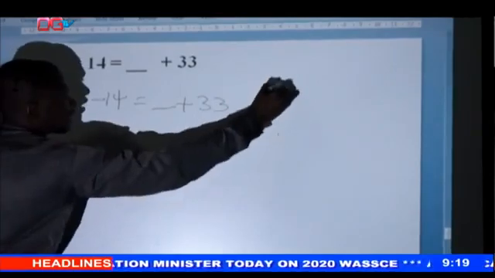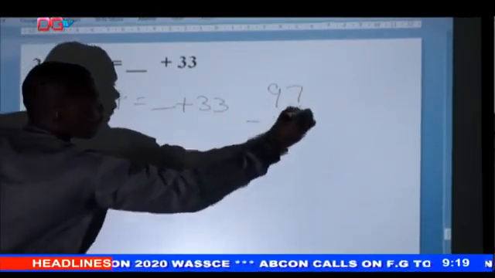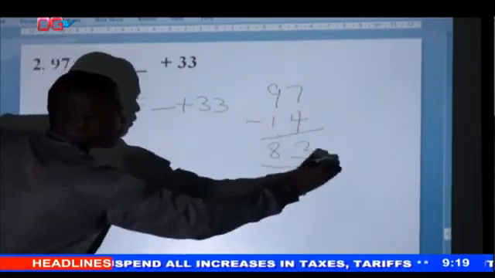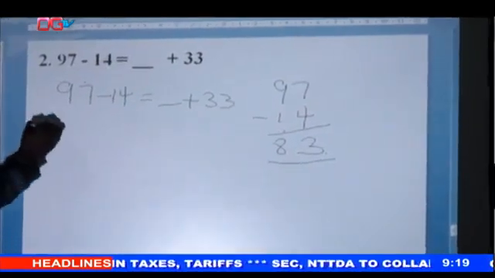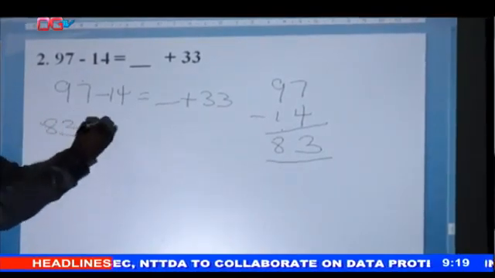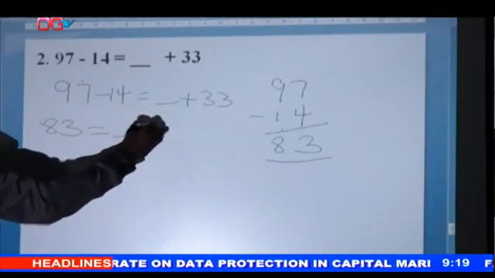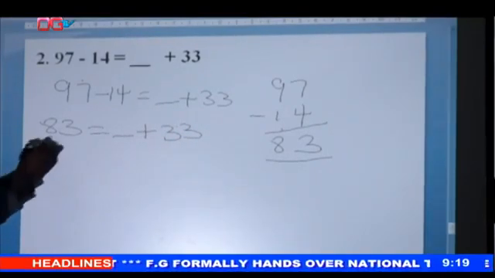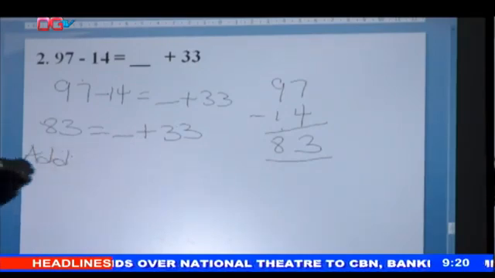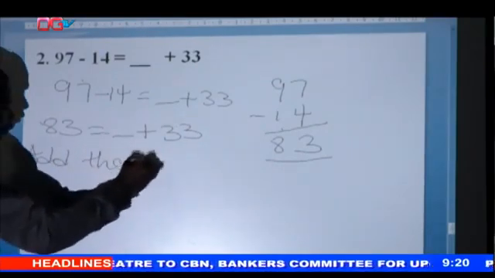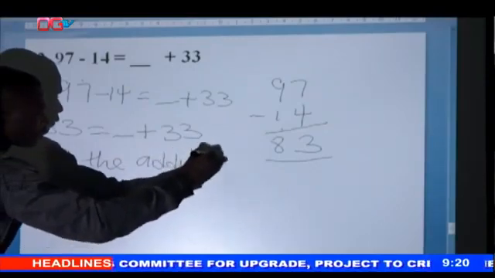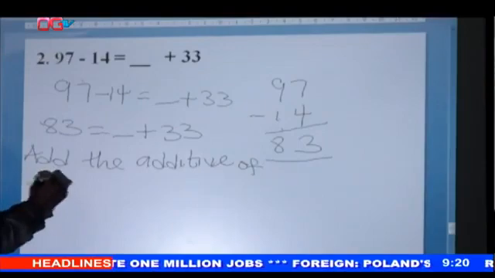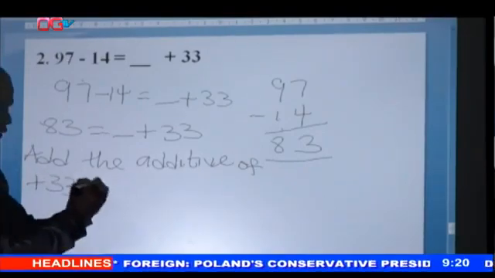Okay? 97 minus 14: 3, 8, 83. So we have 83 here equals dash plus 33. Now add the additive inverse to both sides.